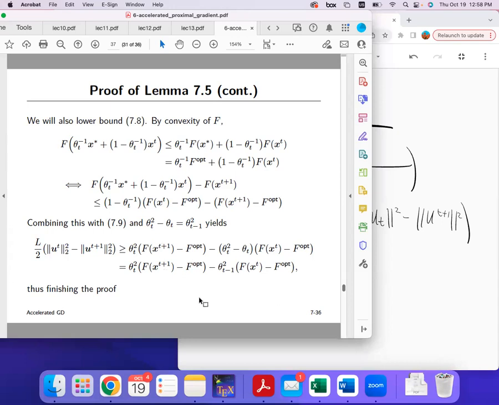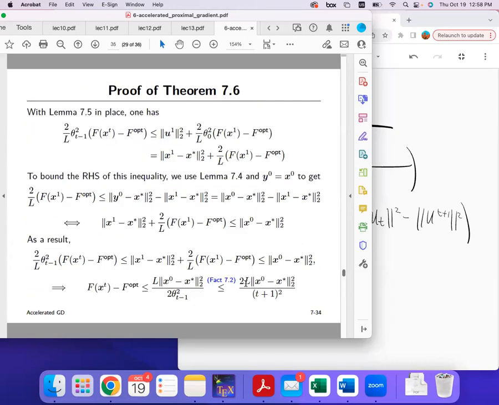It's very hard to come up with this idea at the very beginning. So see the choice of theta_t, the momentum parameter: it needs to satisfy these special structures, and it also needs to satisfy that bound so that here we can get an accelerated convergence.